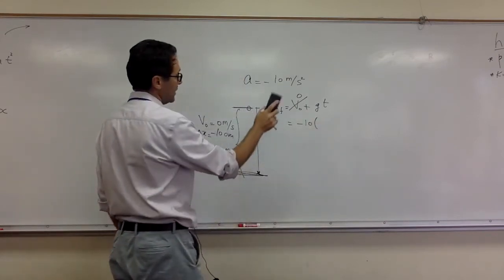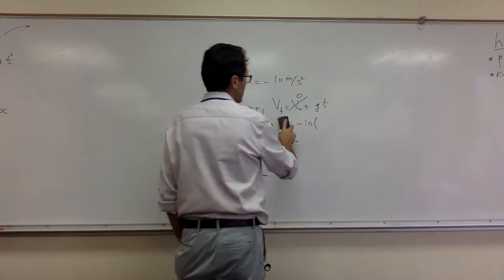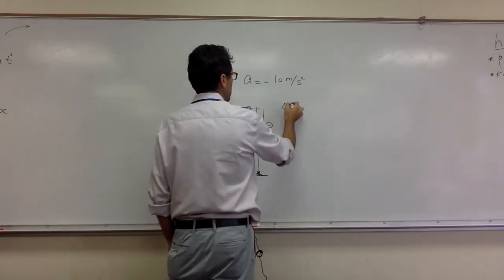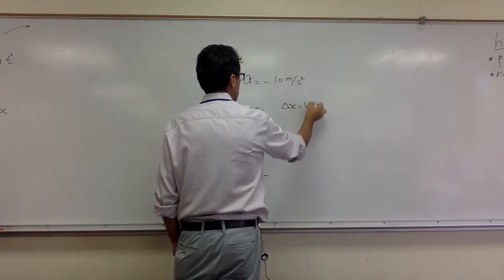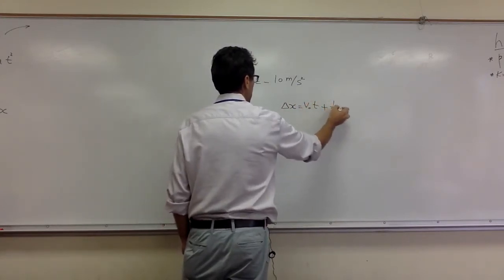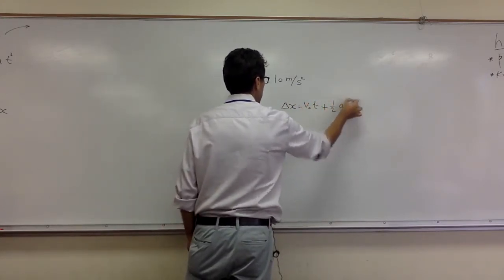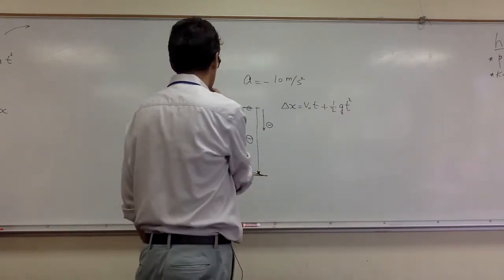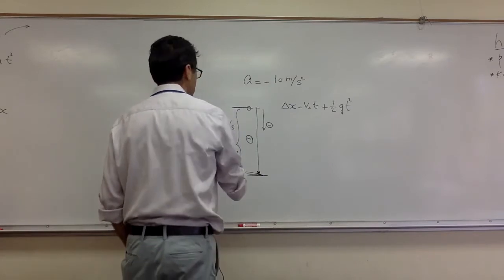So maybe I should do another equation. I think we'll try this: delta x is v0 t plus 1/2 g t squared. So let's get the time first. It doesn't matter, I could have used the one without the time to find the velocity at the bottom.